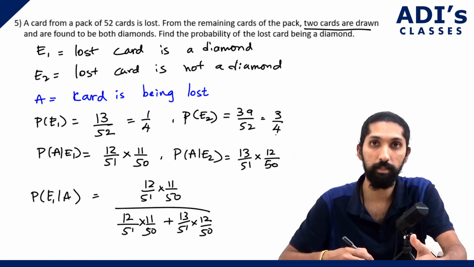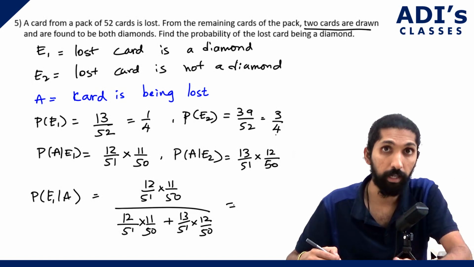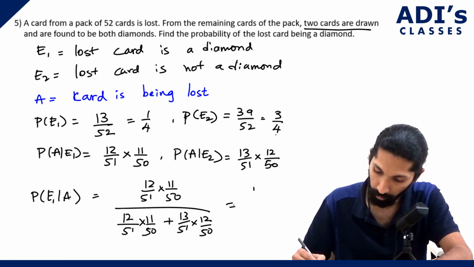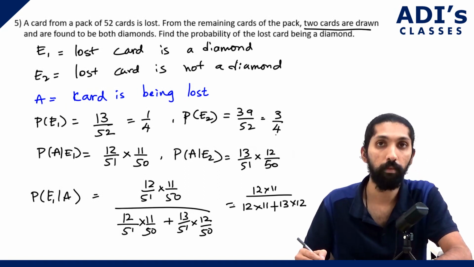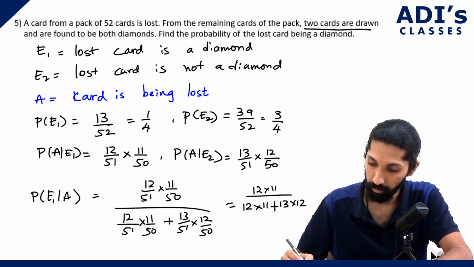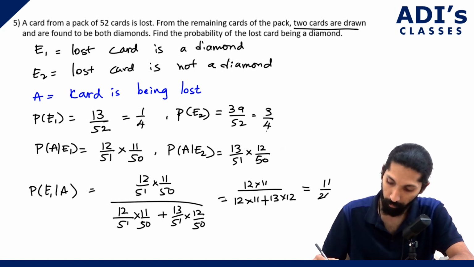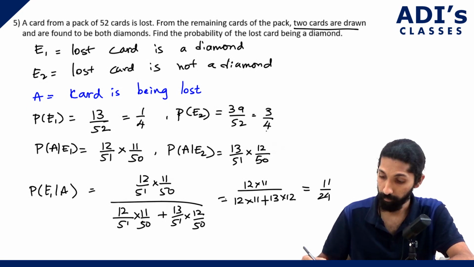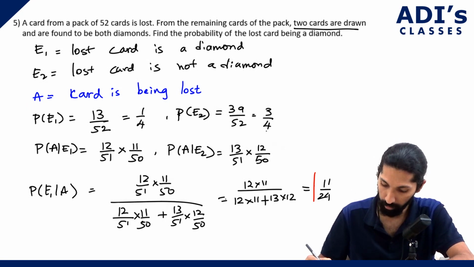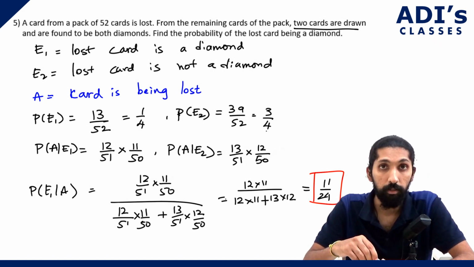So when you take it common and cancel it out, you will get 12 into 11 by 12 into 11 plus 13 into 12. Isn't it? So the final answer is going to be 11 by 24, because 12 you can take common, you can cancel it out. Isn't it? So the final answer is going to be 11 by 24. So this is the answer for the fifth one.